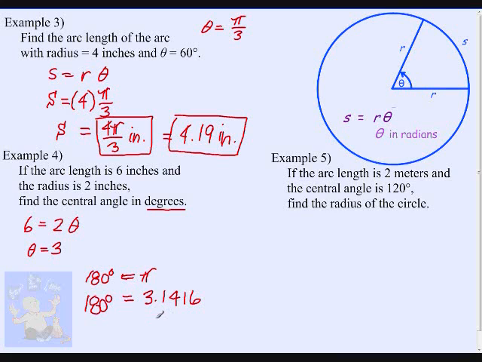So that's a little more than 3. How do we get there? Well, you could set up a little proportion, right? 180 is 2 pi as, we're going to say x degrees is to 3 radians. We could solve that.